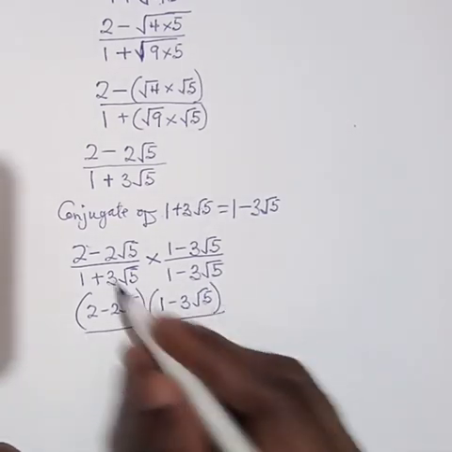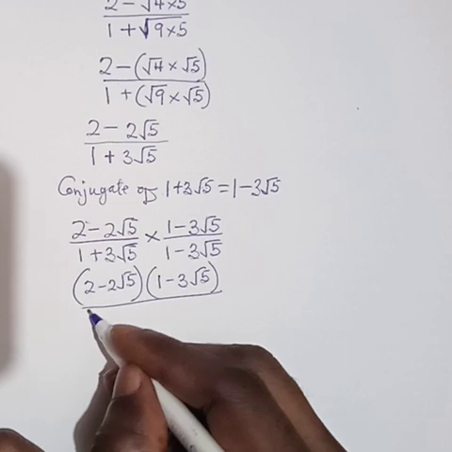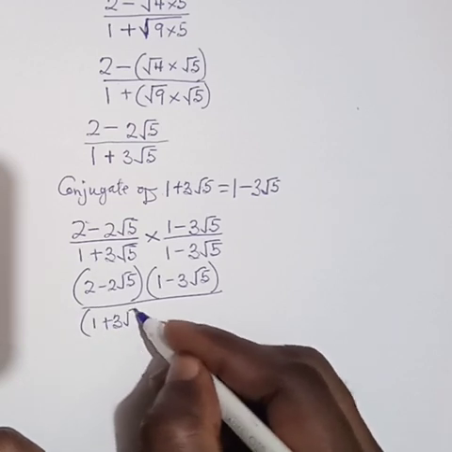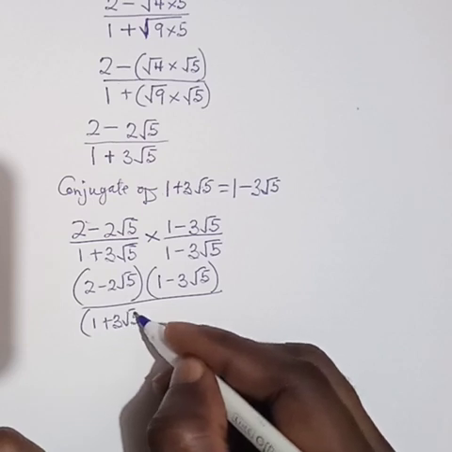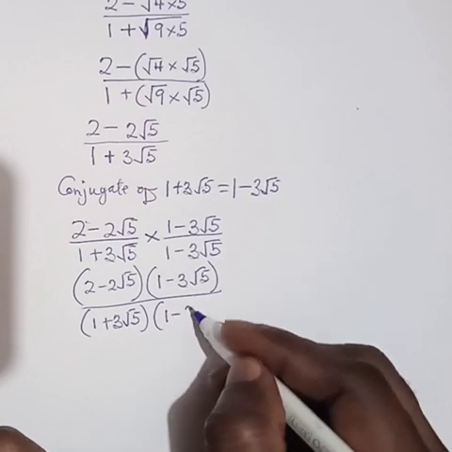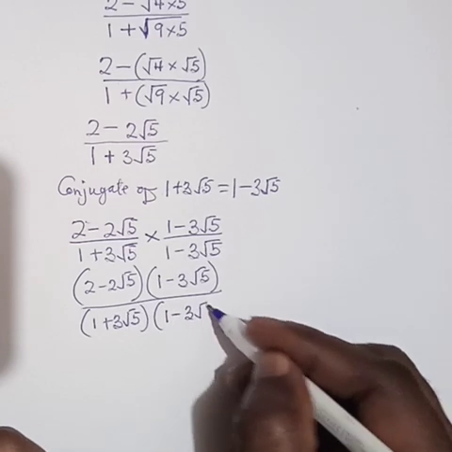Then all divided by, I'll do the same to the denominator, which is 1 plus 3 root 5, and then 1 minus 3 root 5.